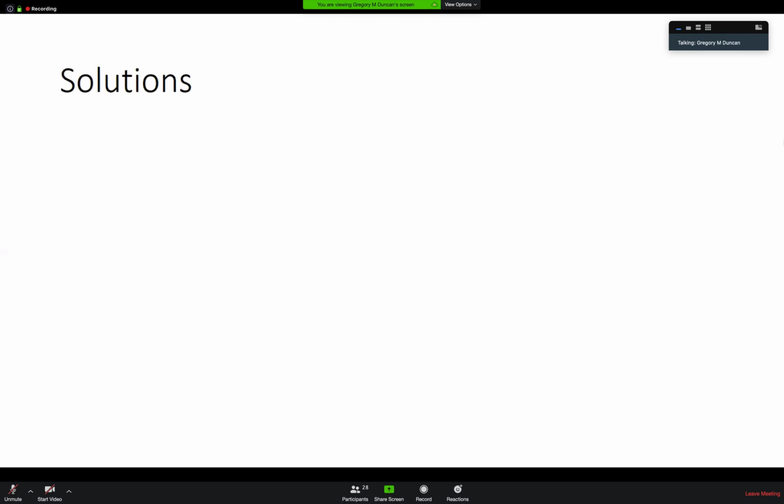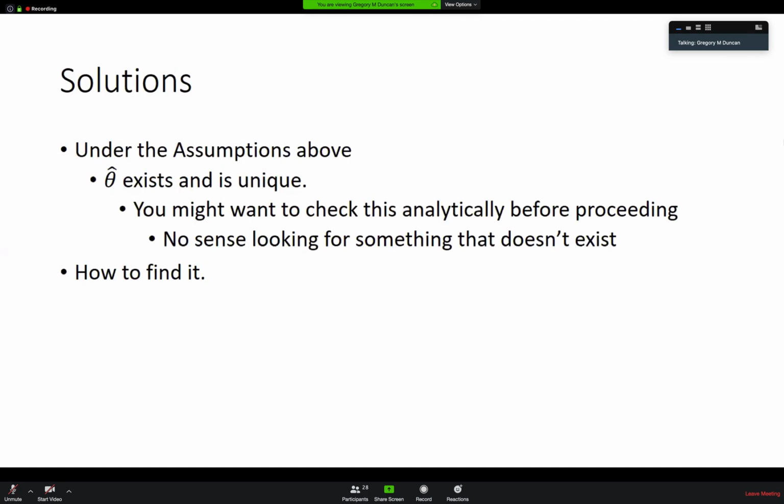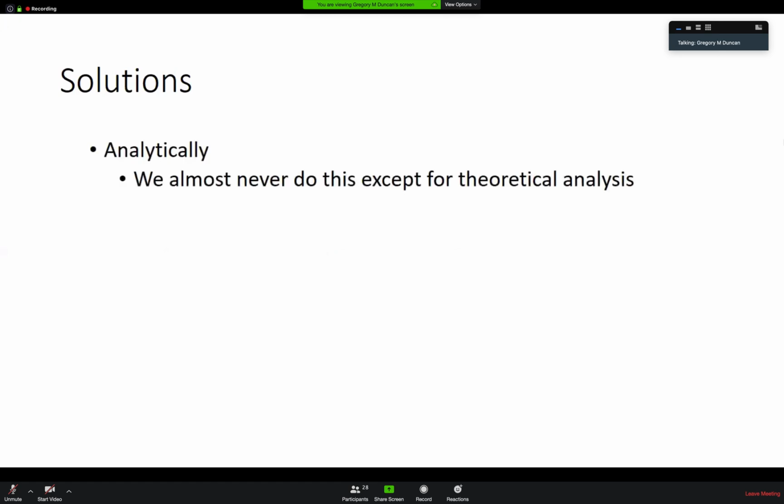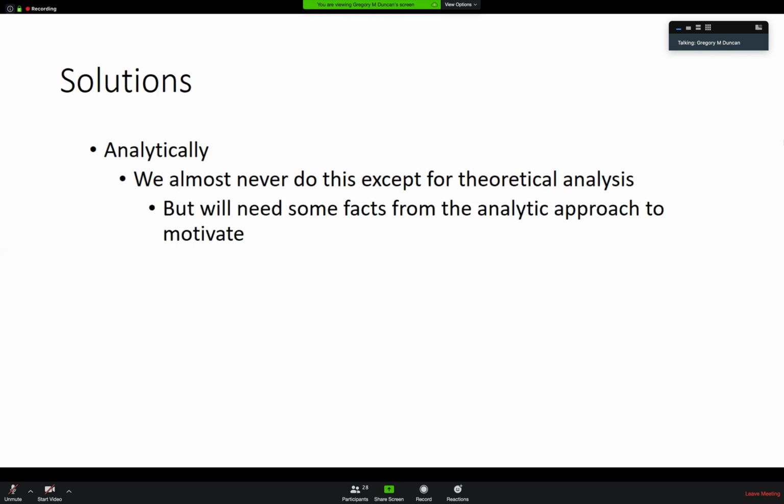By the way, how do you find the solution? How do you find the likelihood solution? How do you find the thing that maximizes that? We did that by hand, but as I pointed out, analytically we can almost never do that except in theoretical analyses. But we're going to need some facts from the analytic approach to motivate what's going on.